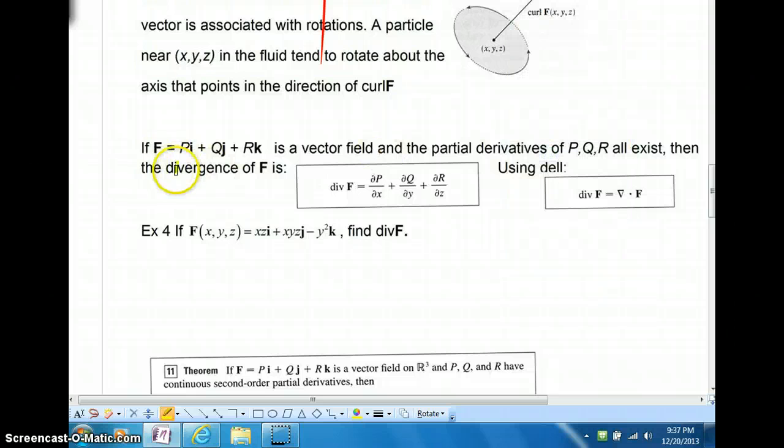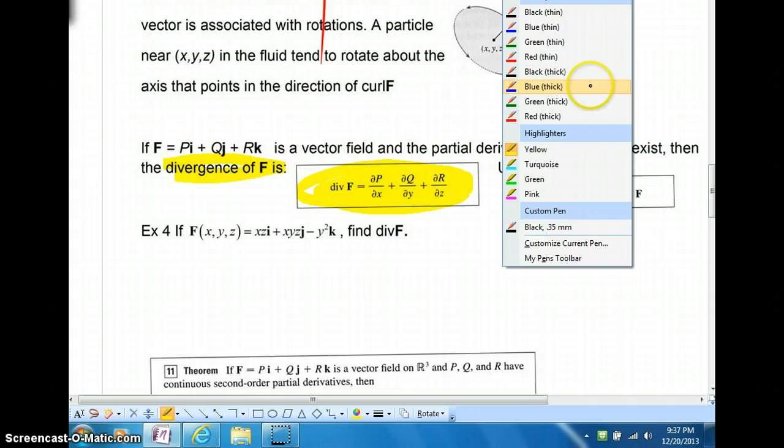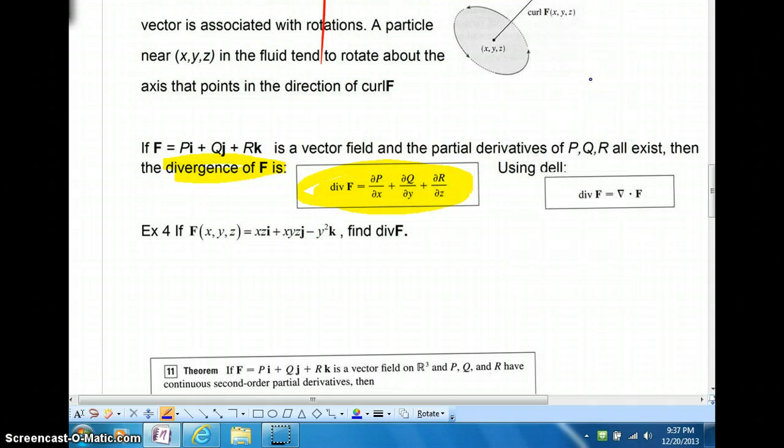Well, right now we've got the divergence of a vector field. Very plain and simply, notice in this box there are no i, j, k components. This is not a vector at all. It's very simply the partial derivative of P with respect to x plus the partial derivative of Q with respect to y plus the partial derivative of R with respect to z.